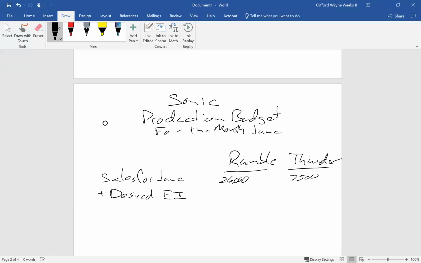We say, hey, we want to make sure that we have a little bit of extra. So we're going to add 500 units for the Rumble and 250 units for the Thunder. Really, what they're doing with that information is they're providing for excess sales. This is our cushion. And so we add this up, and this is really our production needs.